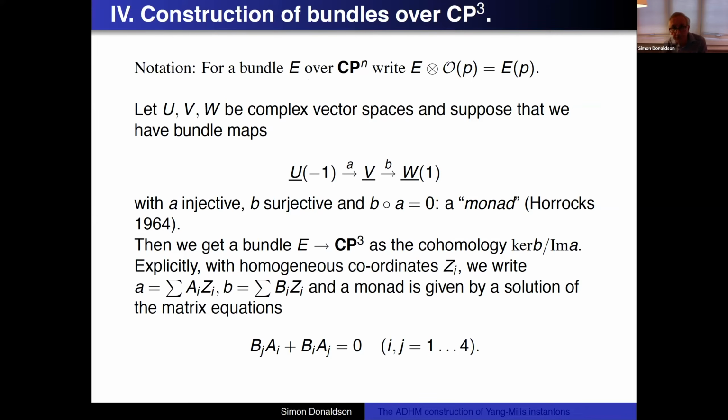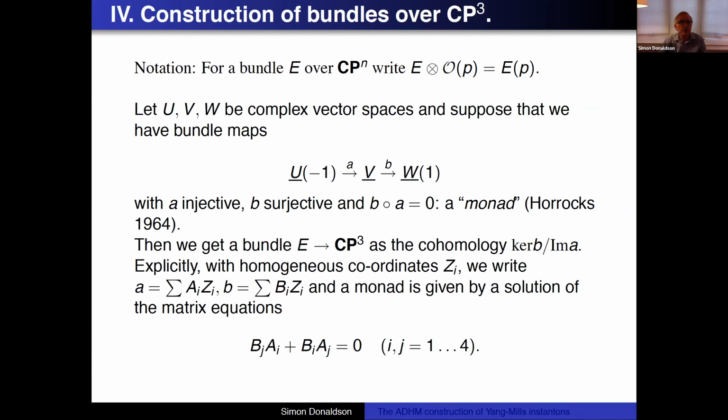Of course, we can always take the tensor product with O of minus P to recover E from E of P. So we don't really lose information by going to these twisted bundles. So the key idea goes back to Horrocks, as mentioned in that quote from Atiyah a while ago, and is what's called a monad, a terminology introduced by Horrocks.